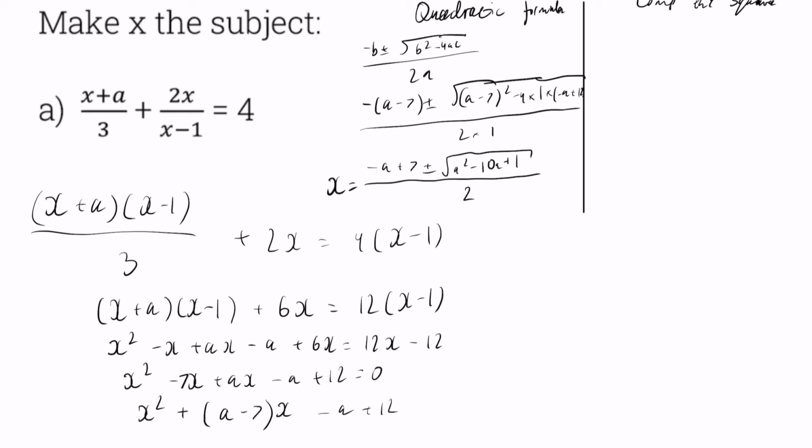So to complete the square, we just need to take half of b: x plus half of b, so (a minus 7) over 2, squared, minus this thing squared, because if we were to expand this, we would get this plus ((a minus 7) over 2) squared. So we need to eliminate this squared by subtracting ((a minus 7) over 2) squared after the bracket.